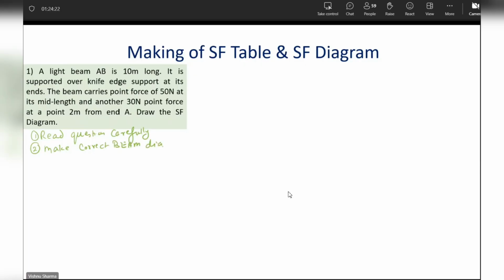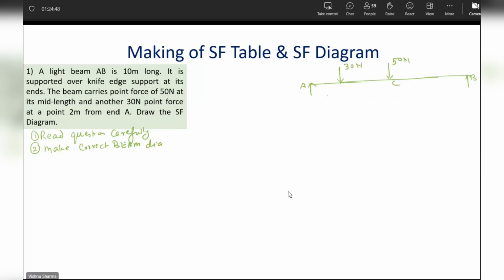Now I have read it carefully. Now I'm making the beam diagram, right? This is the beam AB, supported at knife-edge supports at its two ends, carrying at mid length 50 newtons and 2 meters from end A 30 newtons.